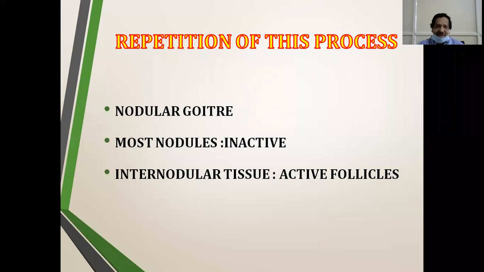All these things you can recollect from your pathology. So when there are multiple nodules, where to choose? You have to take internodular tissue because it contains active follicles. You take it from a nodule, inactive follicles, necrosis, no opinion by the pathologist.